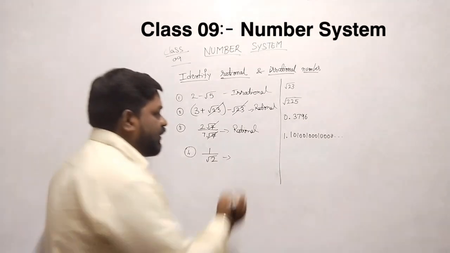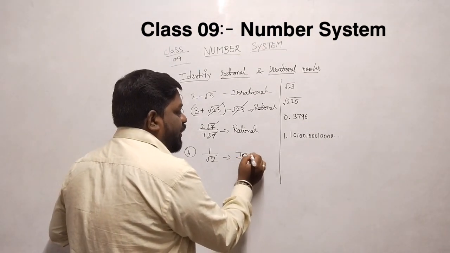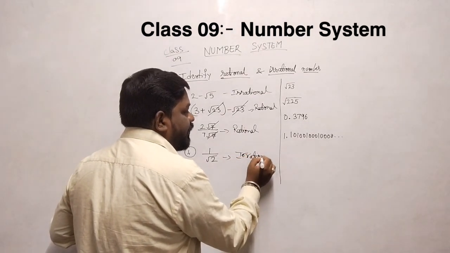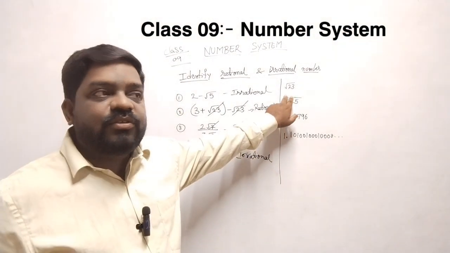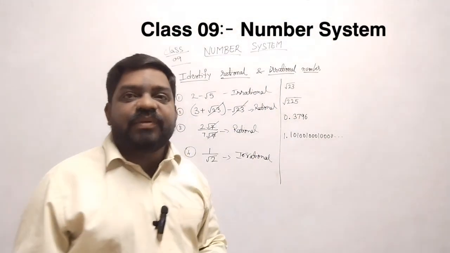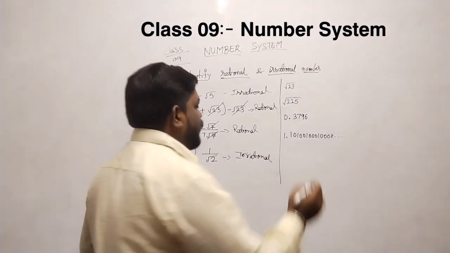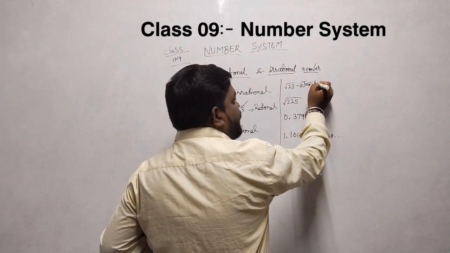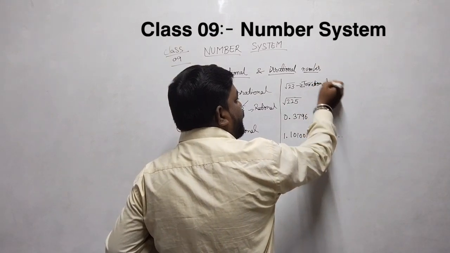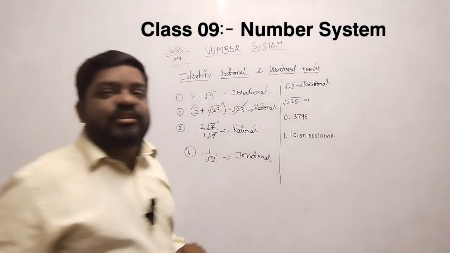Root 2 is an irrational number. Next, root 23. Root 23 cannot be represented in the form of p by q. Therefore, it is an irrational number.